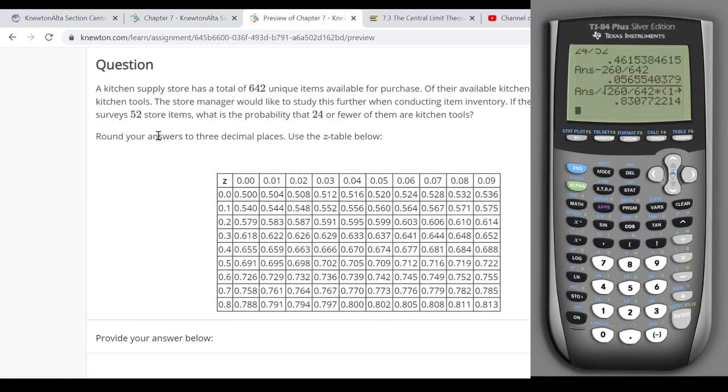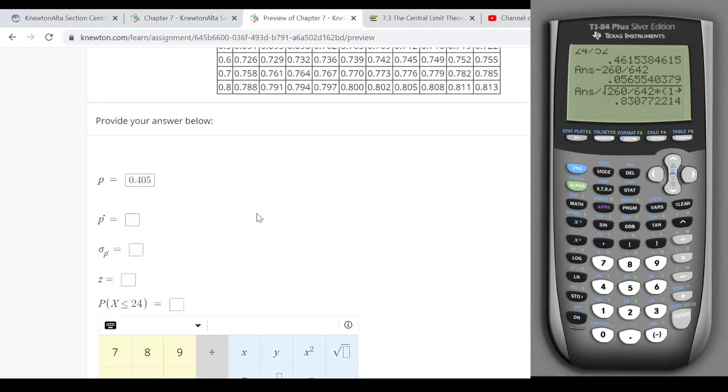That's 24 out of 52, which we said was 0.4615, so 0.462. The standard deviation of the p hats was the square root of p times 1 minus p, over n, which I found was 0.068.